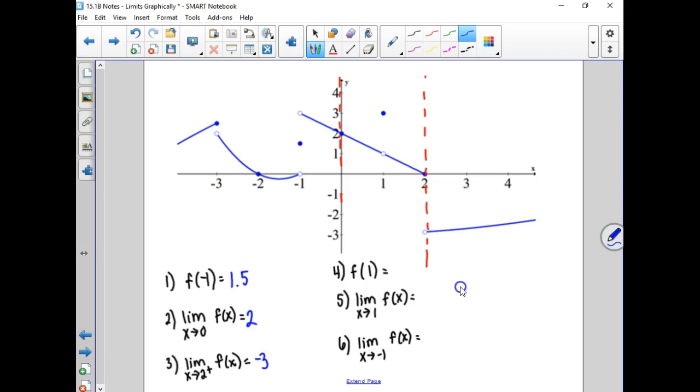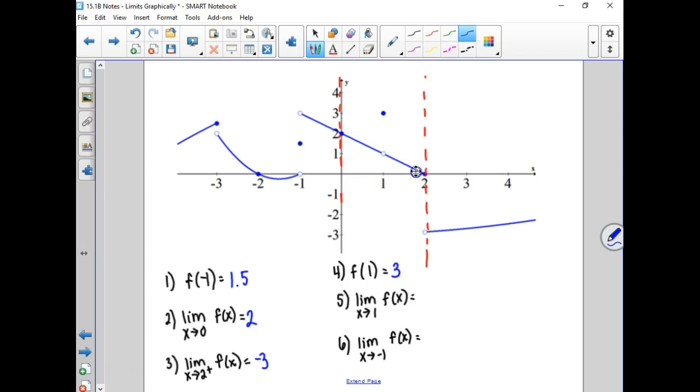Okay. What is f of 1? It is 3, because we're looking at the colored in dot, and it has a y-coordinate of 3. What about the limit as x approaches 1? The limit can still exist even if there's an open circle.